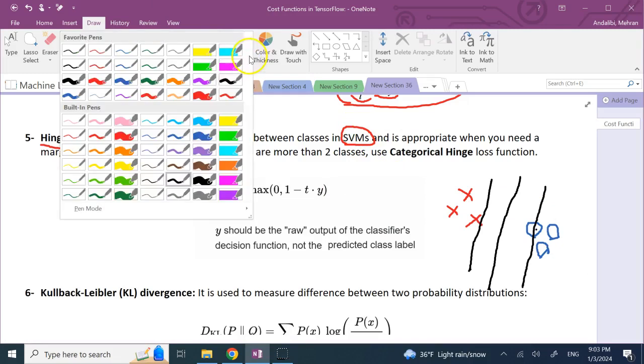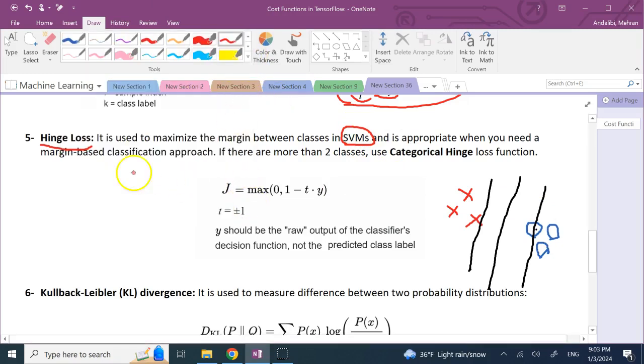The cost function for it is basically this hinge function, which is the maximum of 0 and 1 minus t times y. Again, y is the prediction, t is the target value, which could be, in this case, +1 or -1. So when you do the support vector machine, one of these boundaries will get t of -1, and the other one will get t of +1.